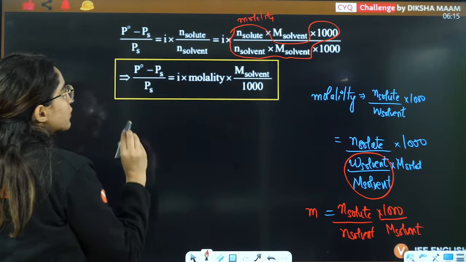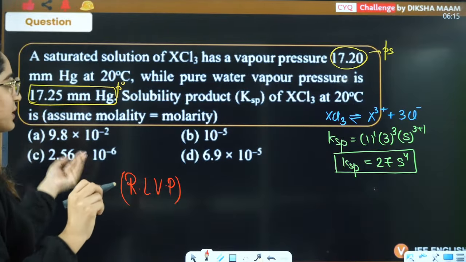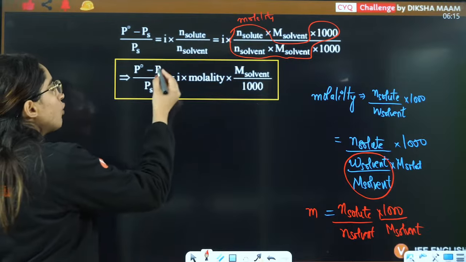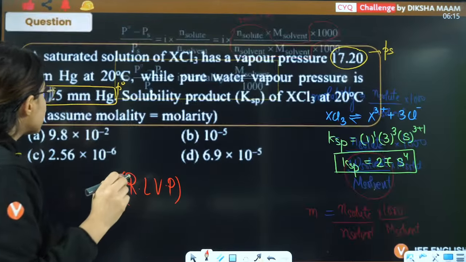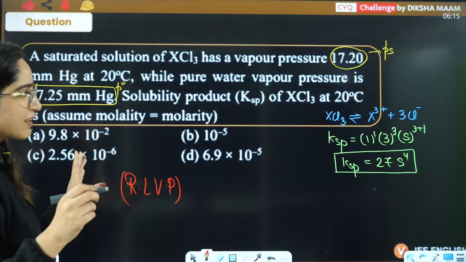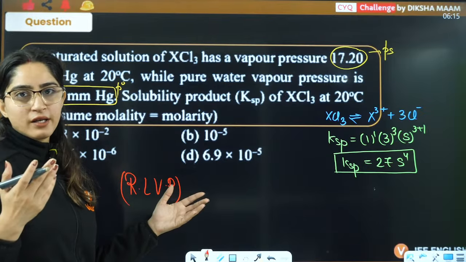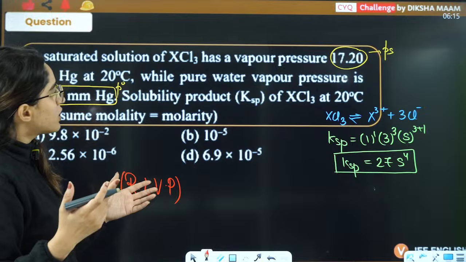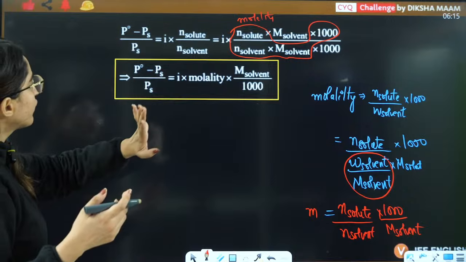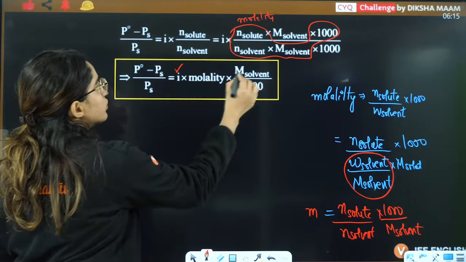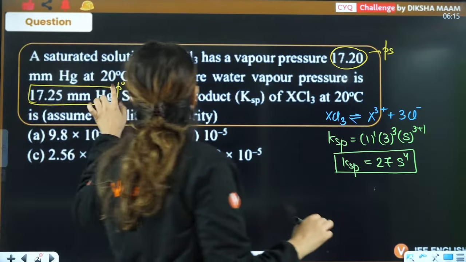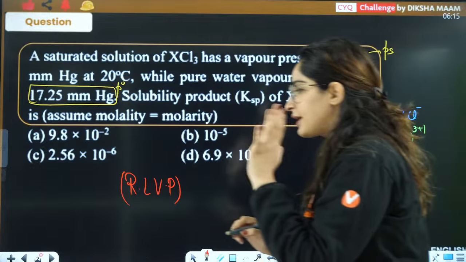Now this is the formula in terms of molality. You have the molar mass of solvent; the solvent is water, and we know its molar mass is 18. Because we are assuming complete dissociation, alpha is 1 and the van't Hoff factor is going to be 4. P0 and Ps are given, everything is given here.